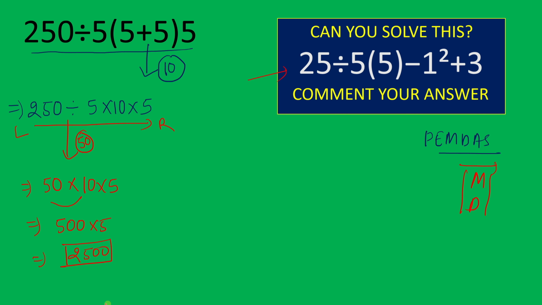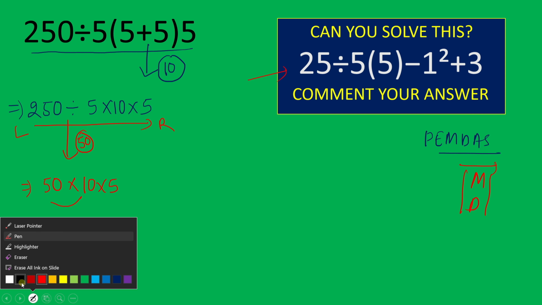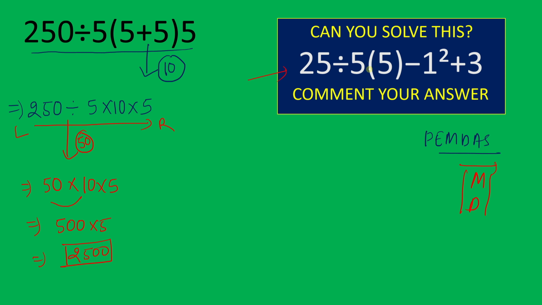And moving to the next question, we have 25 divided by 5 times 5 minus (minus 1) squared plus 3. So again, same, we will follow the order of operations. Here, this is the parenthesis part, but we can simply write 25 divided by 5 times 5 minus, next the exponent, and (minus 1) squared is also 1 here, plus 3.